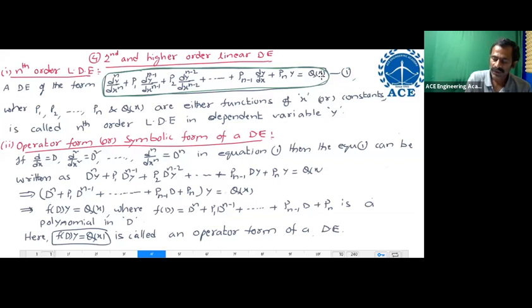Because of this q of x on the right hand side, this is a non-homogeneous differential equation. Suppose q of x is absent, then it is homogeneous. When q of x is 0, every term will contain either y or derivatives only. That is why it is homogeneous. Suppose q of x is present, then there will be one term without the dependent variable y and without its derivatives.